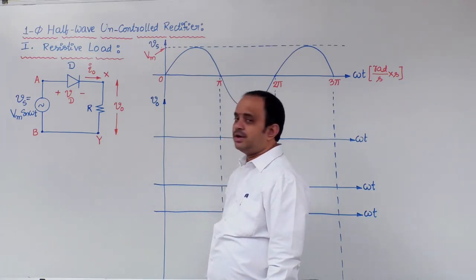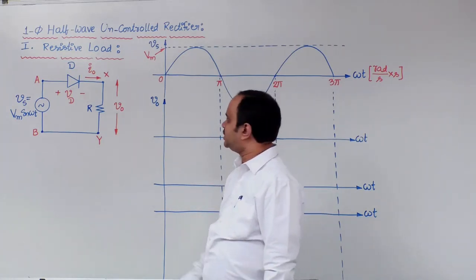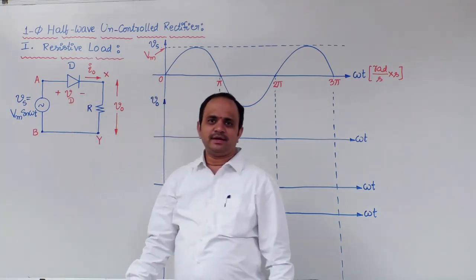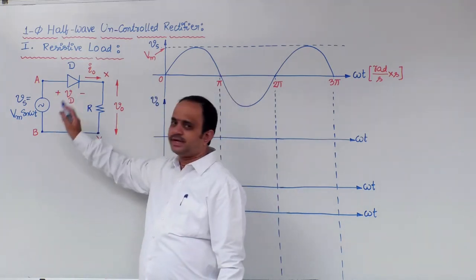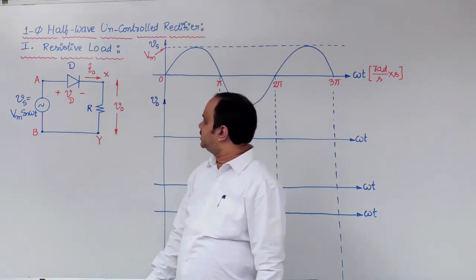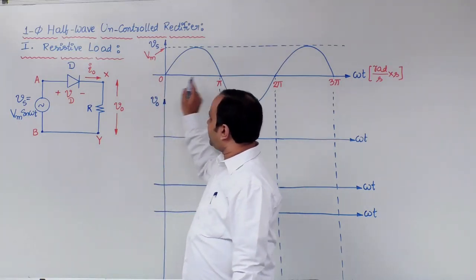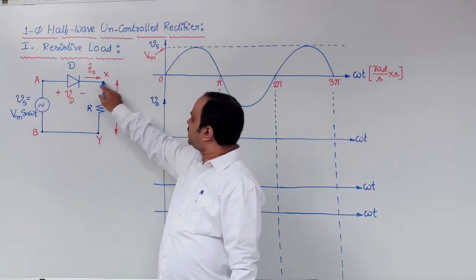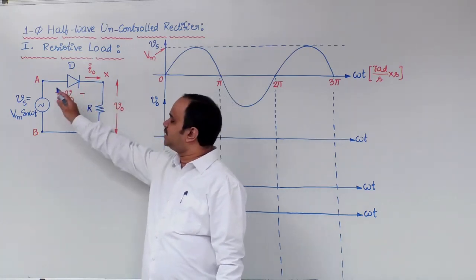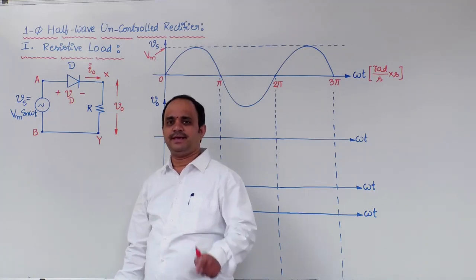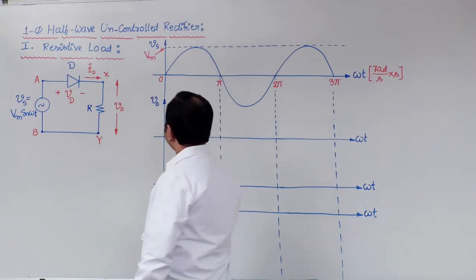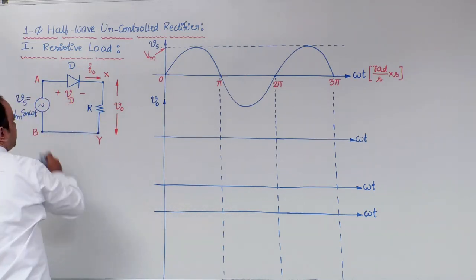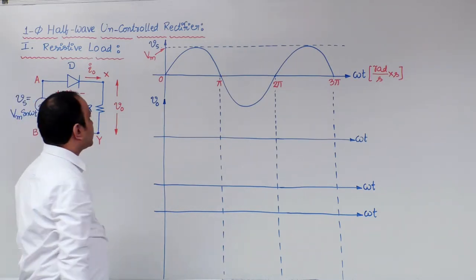And as per our earlier assumptions, when the device is in the on state, the voltage drop across the device is 0. Therefore, from 0 to pi, when the diode is forward biased, load terminal X will be connected to source terminal A. So the voltage across XY terminals will be the same as that of AB terminals.